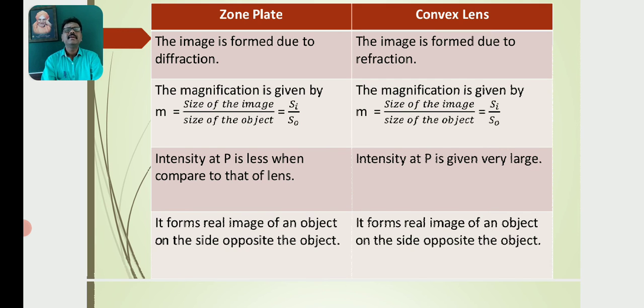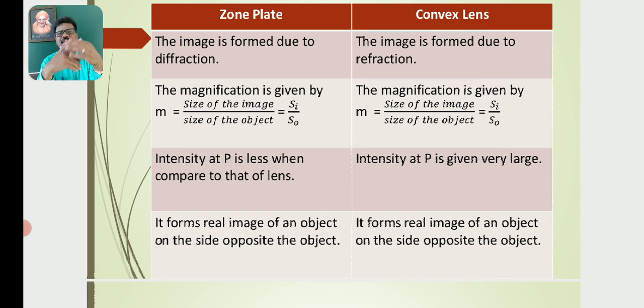Next difference: in case of a zone plate, the image is formed due to the phenomenon of diffraction, whereas in case of a convex lens, the image is formed due to the phenomenon of refraction.